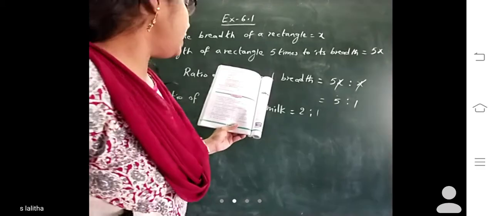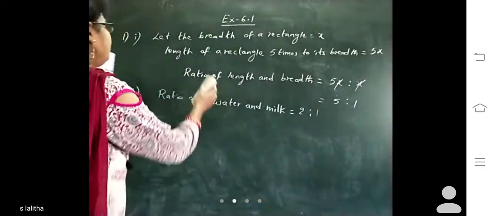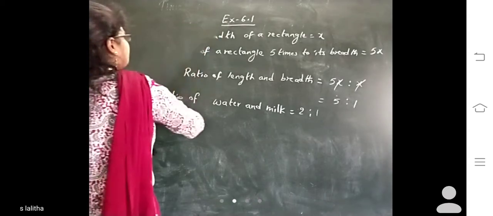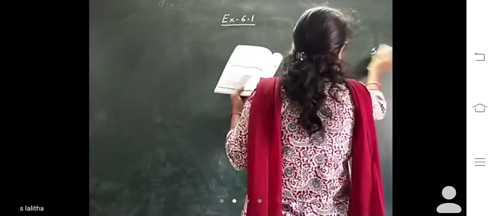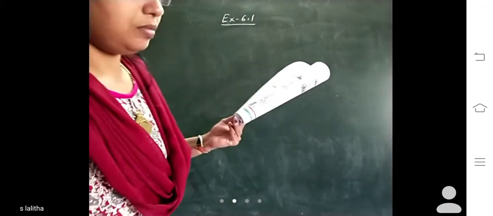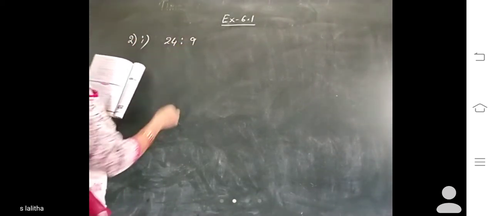Express the following in the simplest form. So here ratios are given, you have to convert them into simplest form. First question is 24 is to 9.